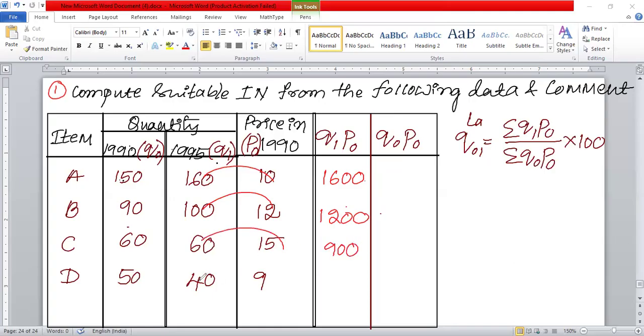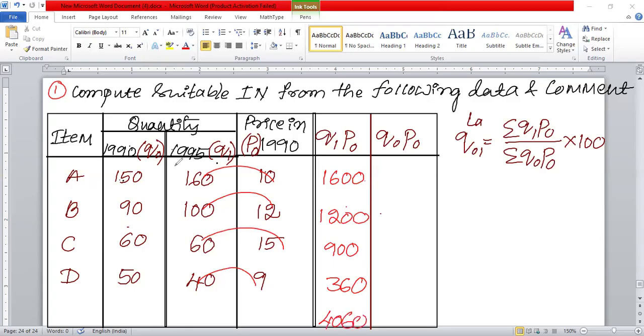Then 40 into 9, so 360. Then the total is 1600 plus 1200 plus 900 plus 360, so 4060.